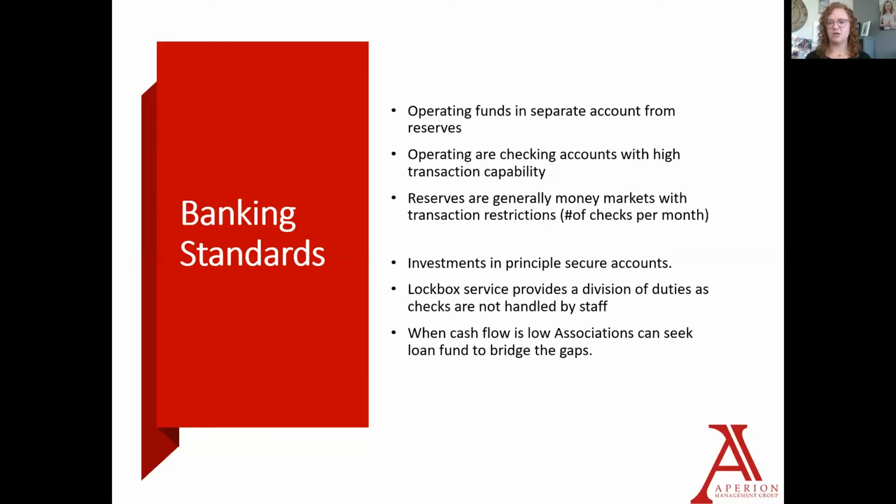Lending through the association world is fairly easy, but in most instances it requires that associations increase their assessments in order to meet the payment obligations. So it's not always a perfect option. But if you are, as a community, experiencing some cash flow issues, there's really 2 levers to pull: special assessments or trying to find a loan that could potentially bridge those gaps.